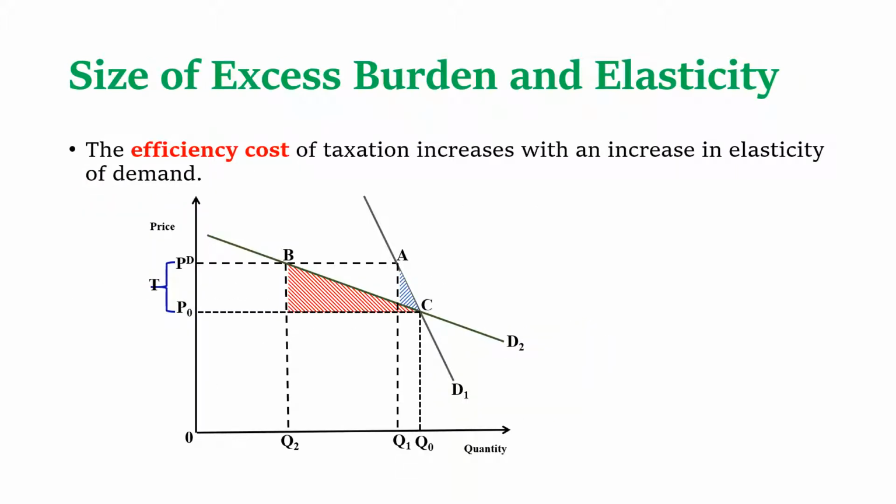Now let's look at the size of the excess burden and elasticity. The efficiency cost of taxation increases with an increase in elasticity. Remember, the efficiency cost here is the efficiency loss, the deadweight loss, right? It increases with an increase in elasticity of demand. When demand is inelastic, you see this curve, the D1 curve is inelastic.